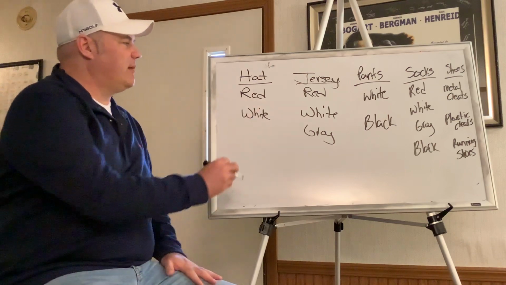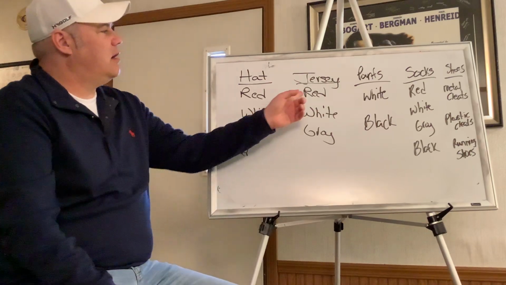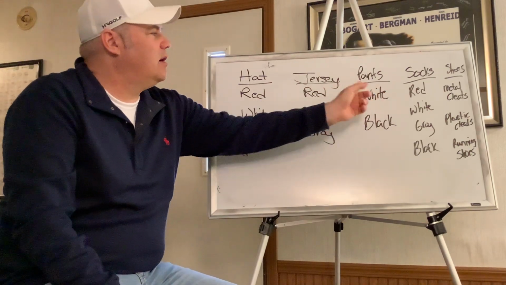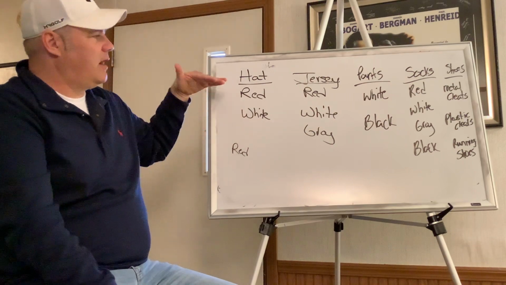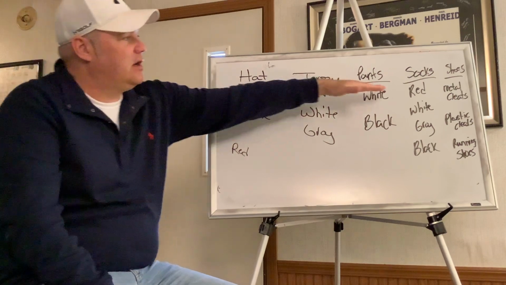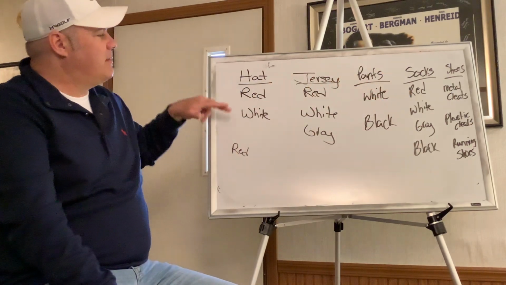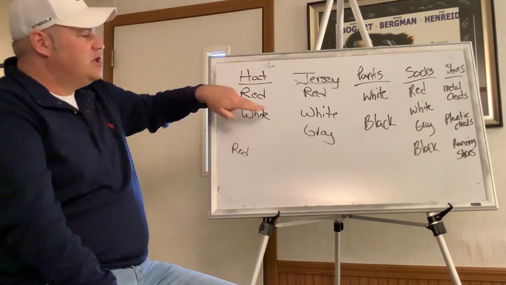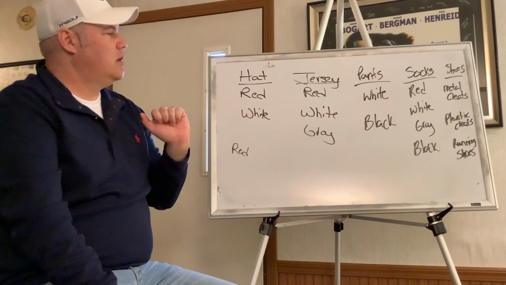So, let me give you an example. Let's say I wear a red hat, and then everything up top, red, white, red, metal cleats. So that's one way of wearing my jersey. But then I could wear a white hat and everything on the top row. So that's another way. But then I could wear a red hat, just change my shirt, and wear everything on the top row.